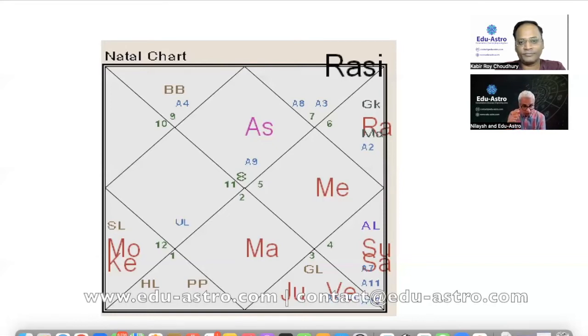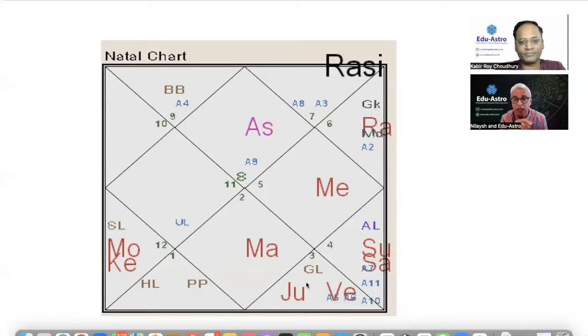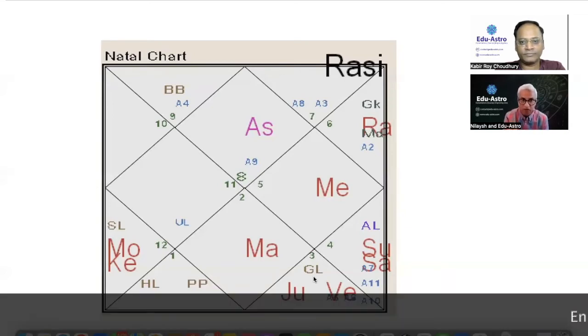If you see, there is no aspect of any malefic on Venus placed in the 8th house. So I would say that Venus will give this native a good result. Venus will sustain the marriage part. The person will get many financial benefits or resources through the spouse.